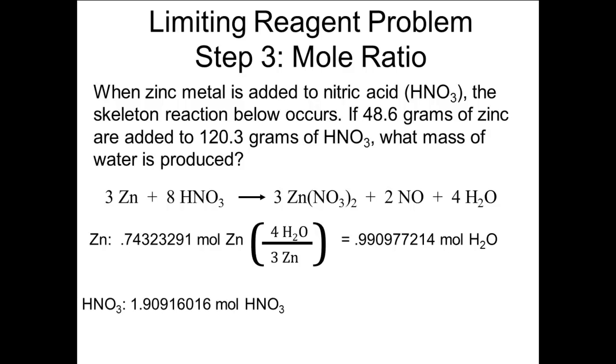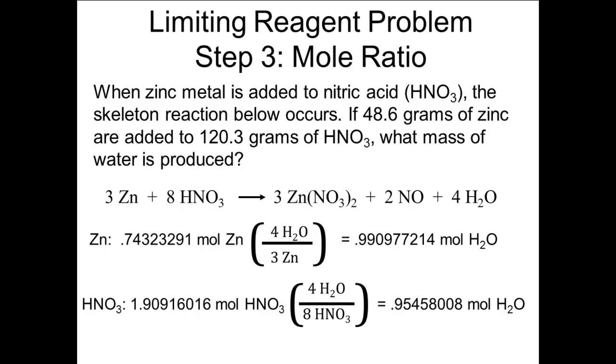For HNO3, we have 1.9091616 moles of HNO3 times the mole ratio, 4 H2O over 8 HNO3, which gives us 0.9545808 moles of water. Since the HNO3 produces less water than does the zinc, the HNO3 is the limiting reagent.